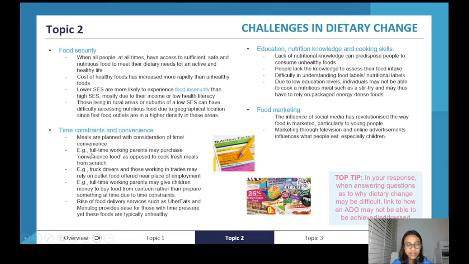So you want to not only have the example and relate it to health and well-being, but also mention that an ADG might not be able to be addressed or achieved because of that challenge. For example, because of food insecurity, one of the ADGs might not be achieved. Embed that in, and that'll beef up your response and really flesh it out. That way you can include more content and more depth in your response as well.